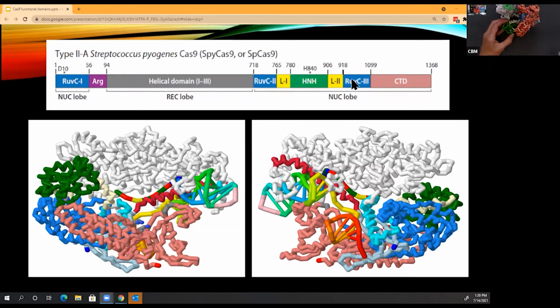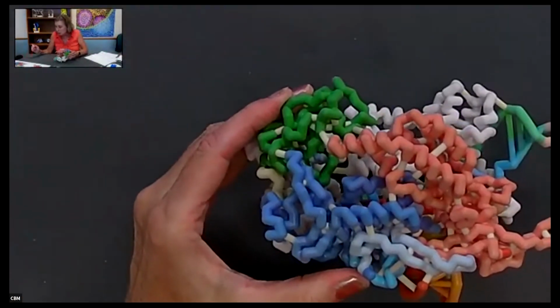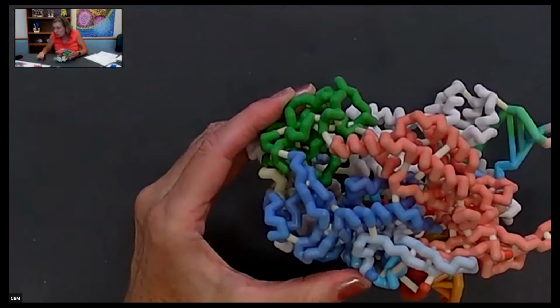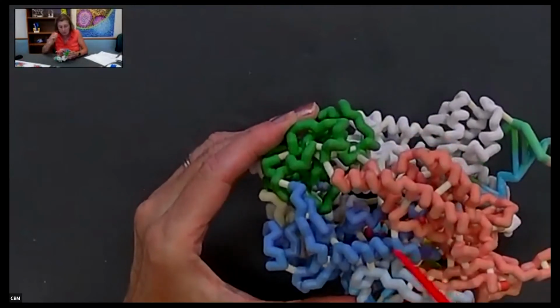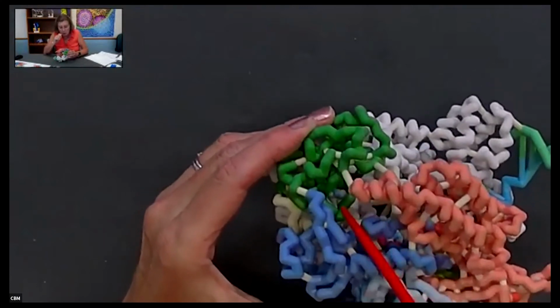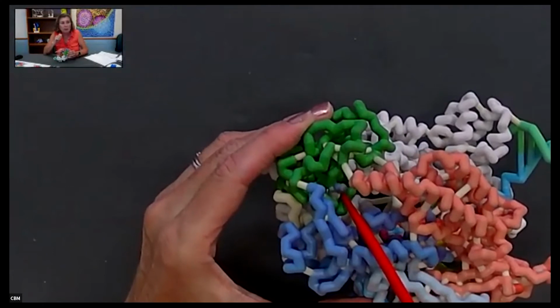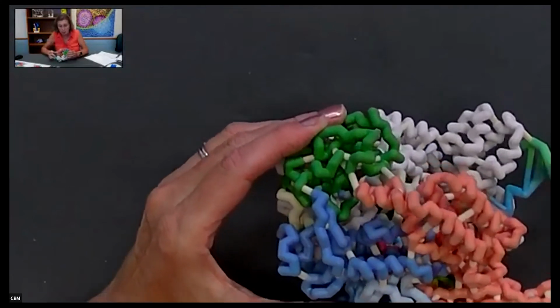Now I'm going to try to get you to appreciate, maybe I'll do it this way. And hopefully you guys are seeing these things somewhat on your printout. And if you don't, you'll get to see them later. So here is the histidine that is the H840 of the HNH domain.